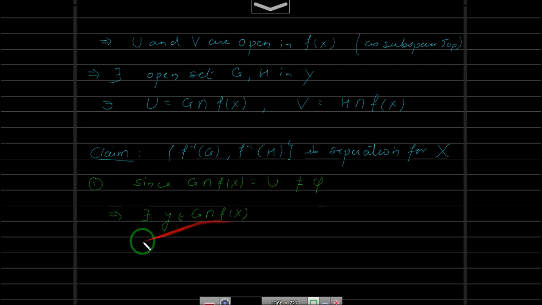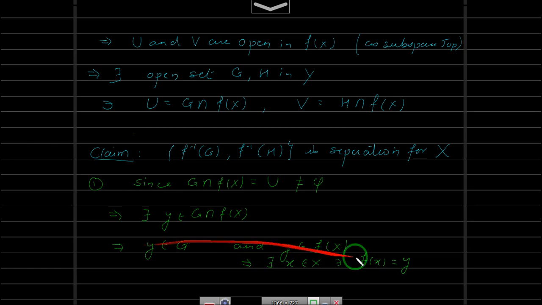So since this y belongs to this intersection, this implies this y will be in G and this y will belong to the image of X. Now since this y is in the image of X, this implies there is some point in X which is mapped to y. So there exists some x belonging to X such that that point x is mapped to y.